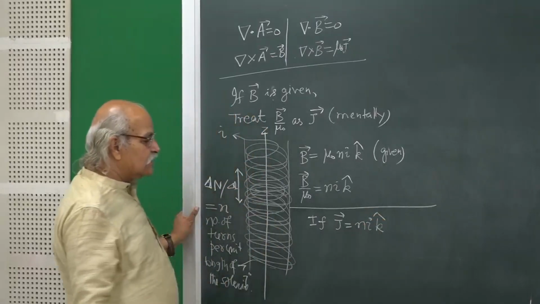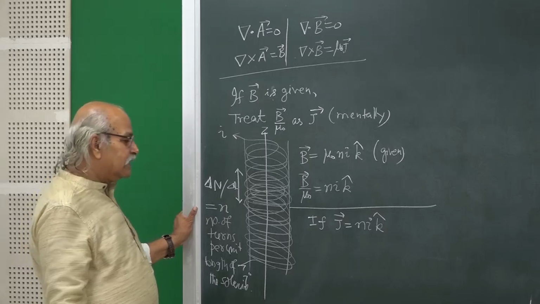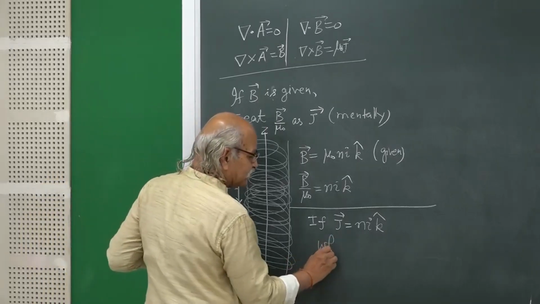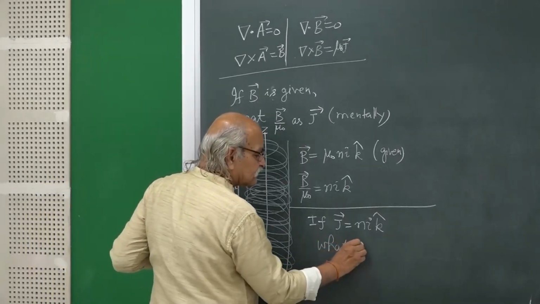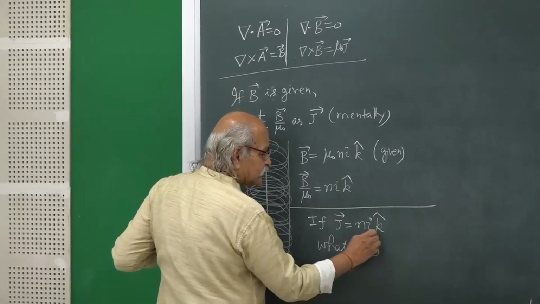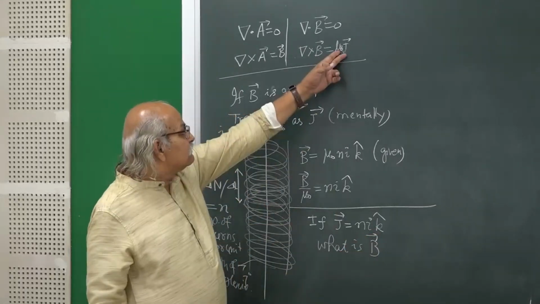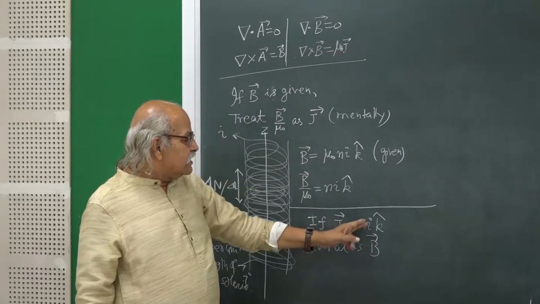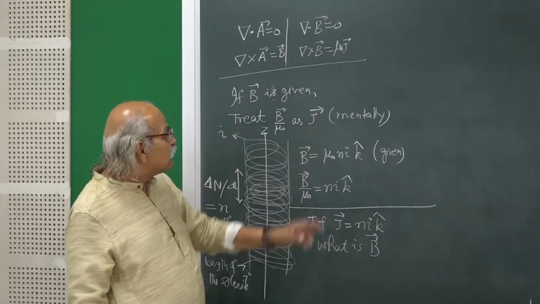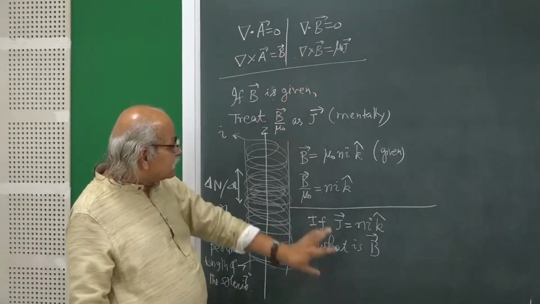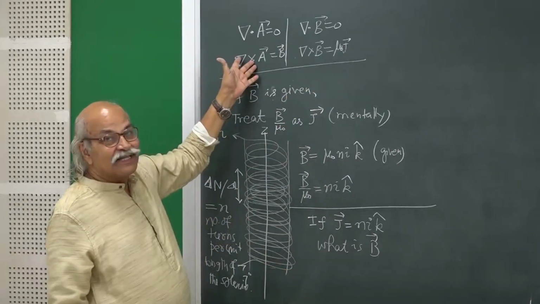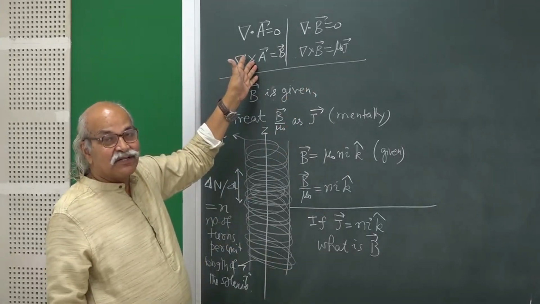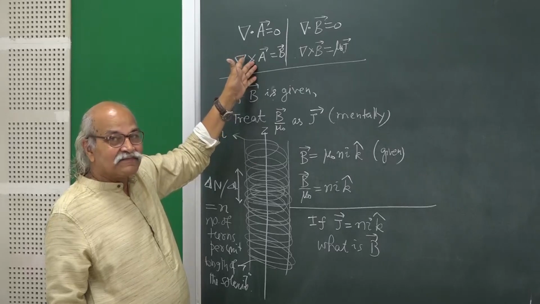If J is equal to n I k cap, what is B? We will calculate this. If this J is n I k cap, then what will be the B? That same expression will be the expression for this vector potential A.